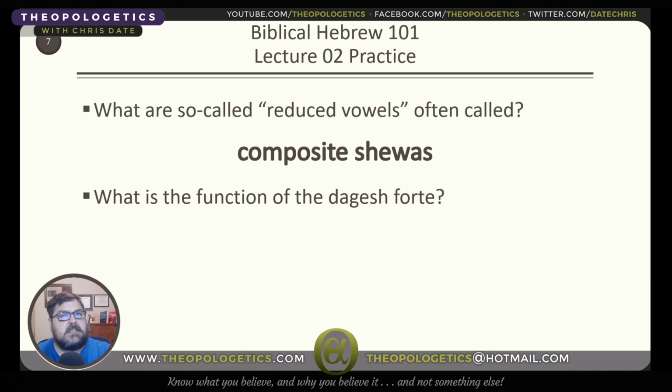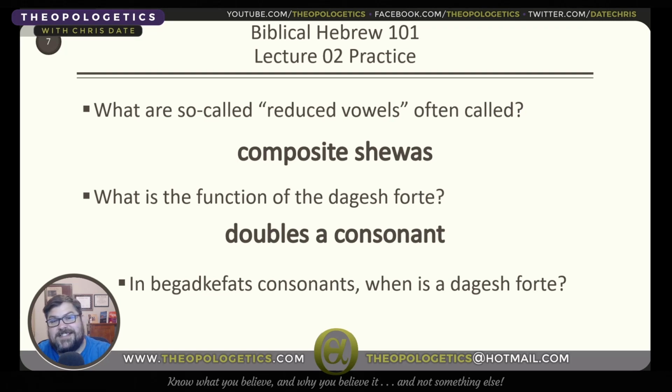So how does the dagesh forte indicate strong emphasis? The answer is that it doubles the consonant that has it. If you see a consonant with a dagesh forte in it, and you'll recall that we went over some rules on how to tell whether a dagesh is a dagesh forte, that consonant is doubled in both transliteration and syllabification.